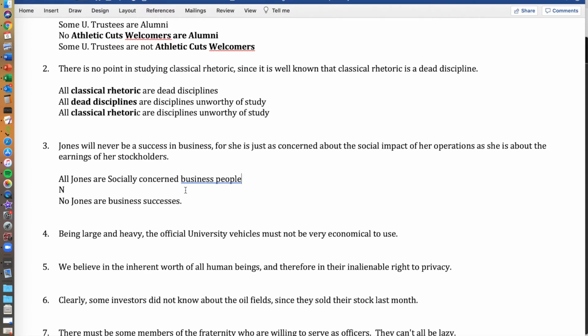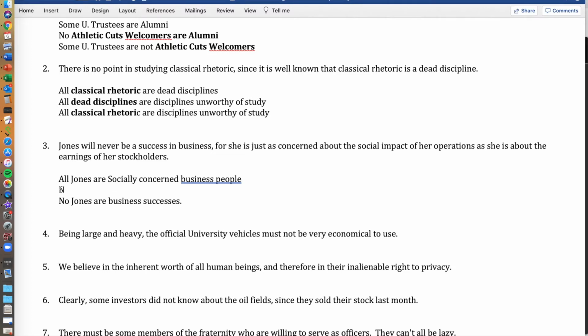But this term, the predicate term here in the first premise, we know is also the middle term. And how do we know that? Because this term does not appear in the conclusion. And this term is not distributed where it appears in the first premise, because it is predicate of an affirmative, which means it must be distributed when it reappears, because middle terms must be distributed once and only once.